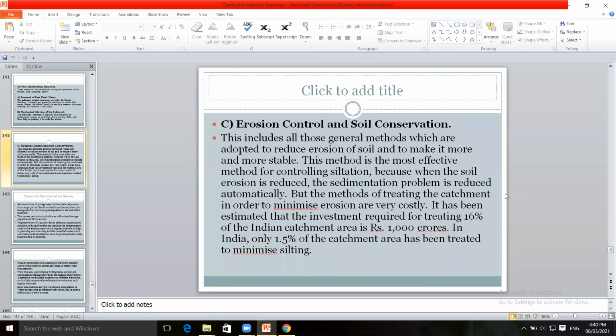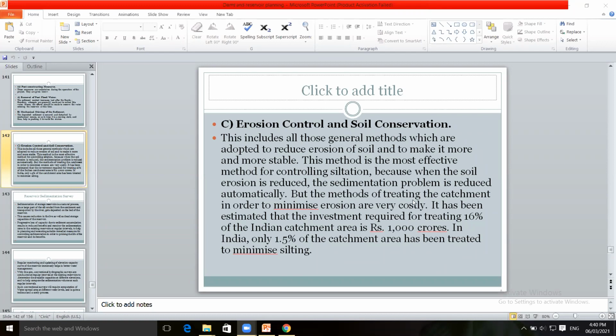The erosion जर आपण कमी केलं तर काय, इरोजन जर आपण कमी केलं तर काय होईल, तर सिल्टिंग होणार नाही. देयर विल नॉट बी सेडिमेंटेशन प्रॉब्लेम, सॉइल विल नॉट बी settled down.